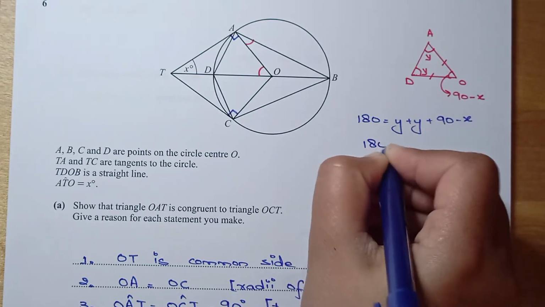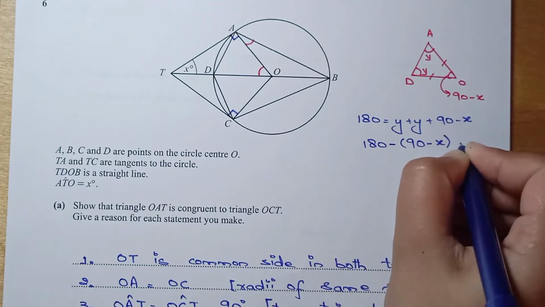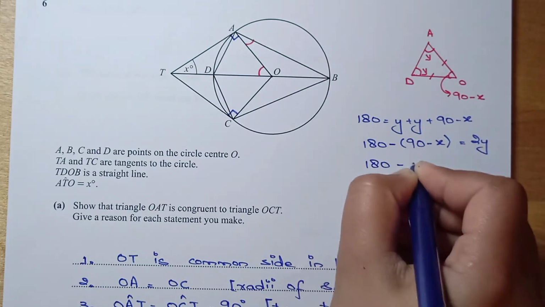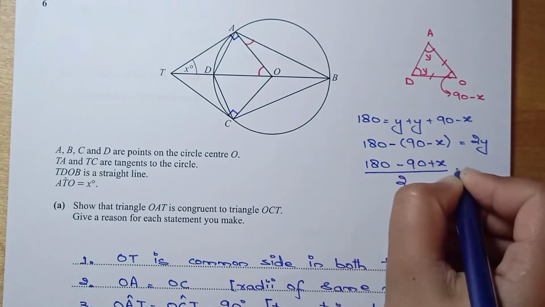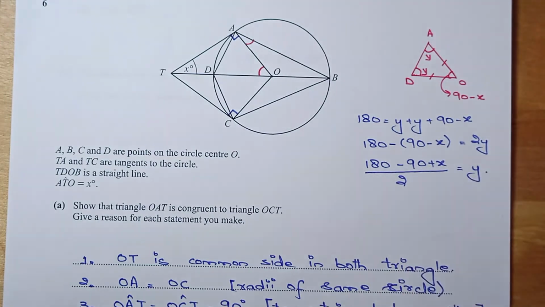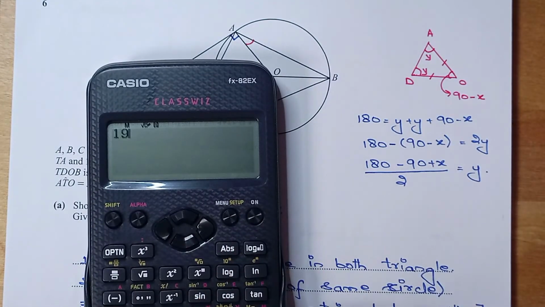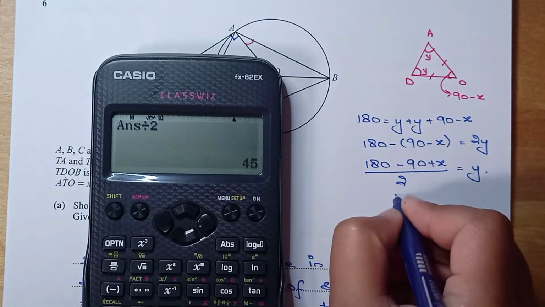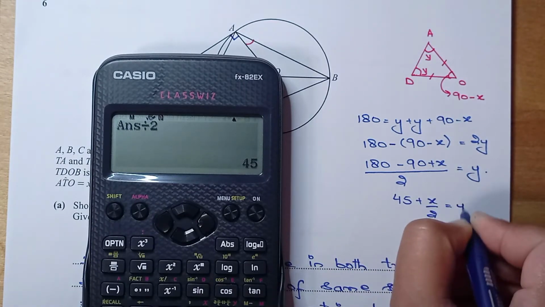So 180 minus (90 minus x) equals 2y, so (180 minus 90 plus x) divided by 2 equals angle y. 180 minus 90 is 90, divided by 2 is 45, plus x by 2 is angle y.